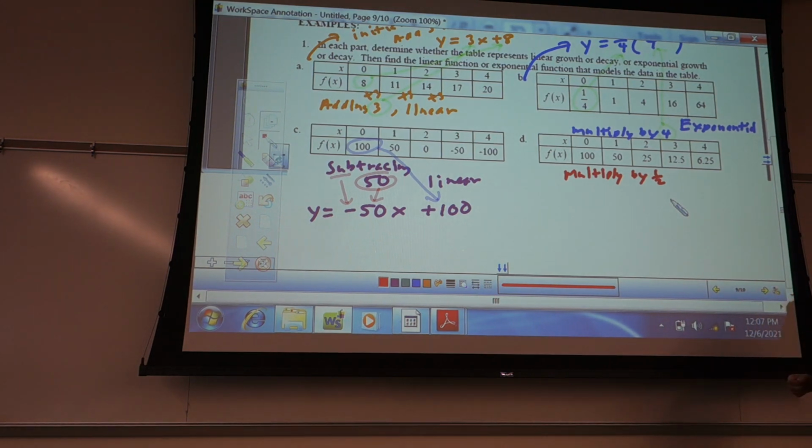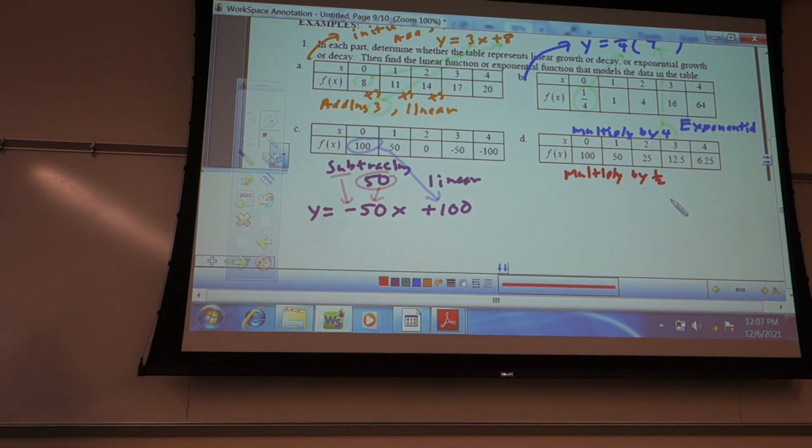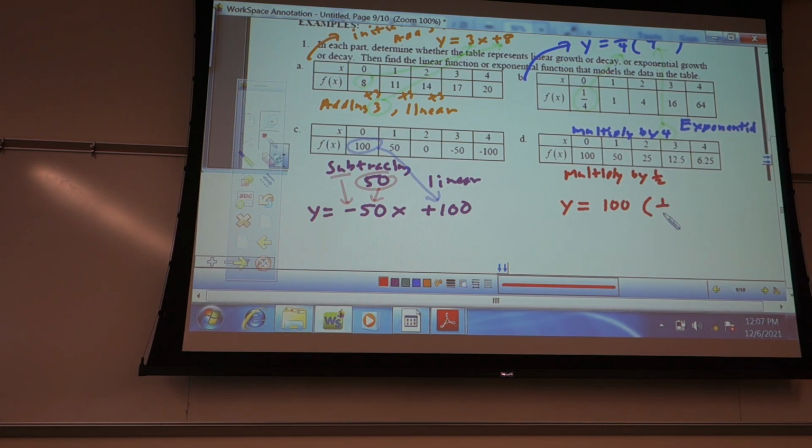Alex, what's my initial amount? 100. Great. And then, Callisto, what's my multiplier? 1/2. Everybody write the formula. What should be the formula? Y equals my c, 100, times my multiplier, or my base, my growth factor, 1/2 to the x.